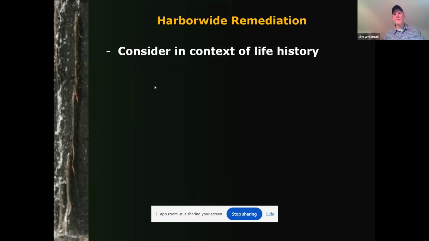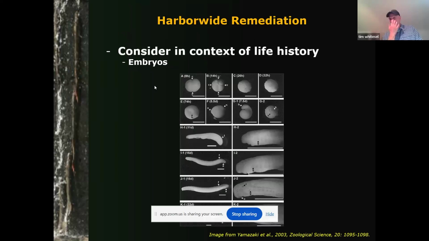But what we do instead, because it's not been well studied, is we try to consider this kind of question in the context of the life history of these critters that we sort of just went through. And so really briefly, starting with the embryo life history stage, we know that there are some examples of lamprey spawning and embryos developing in 5th order streams, a little bit smaller than the Portland Harbor.